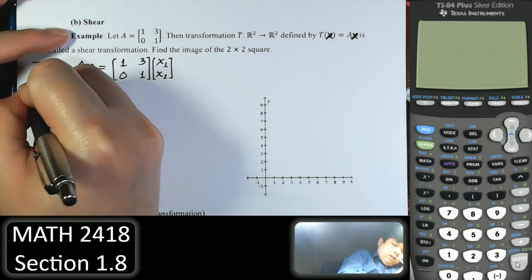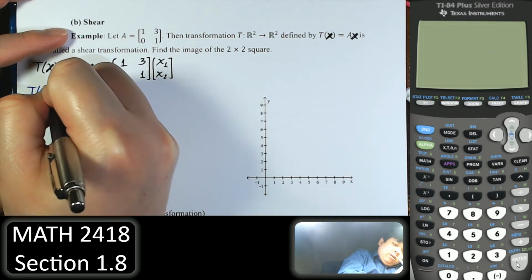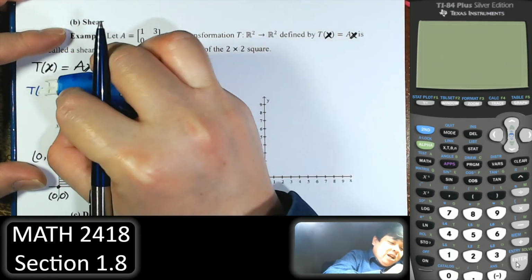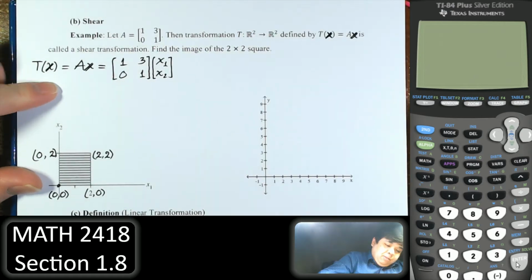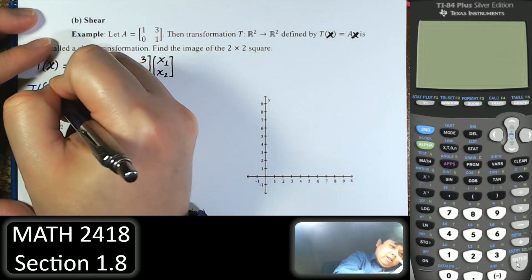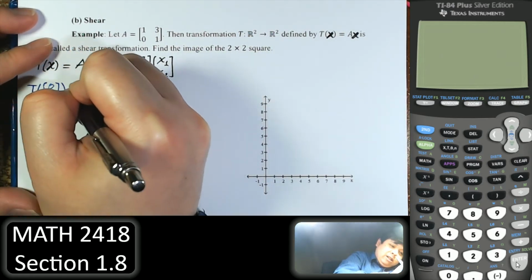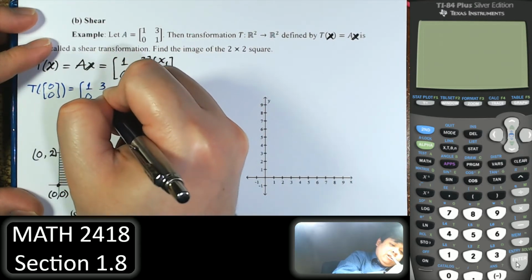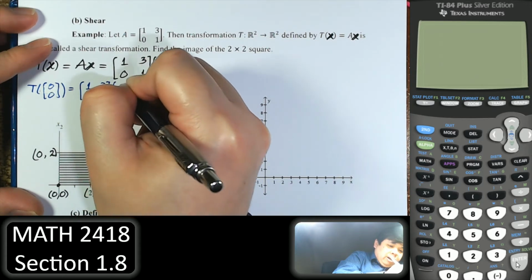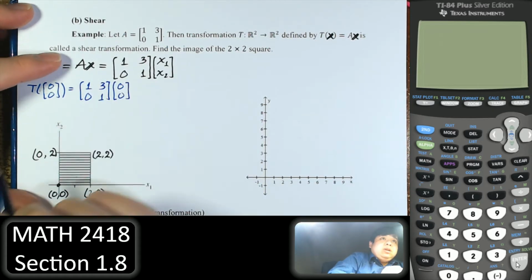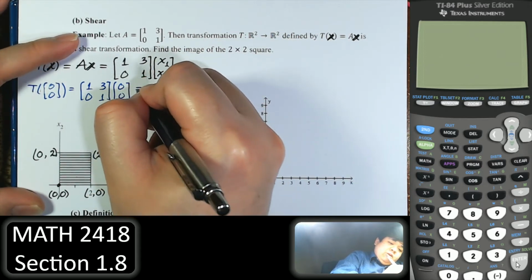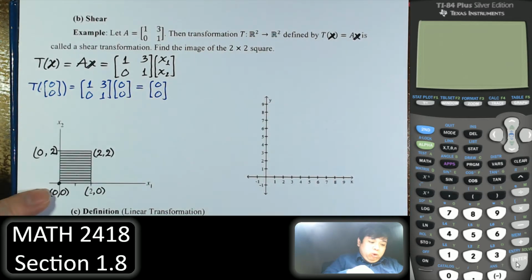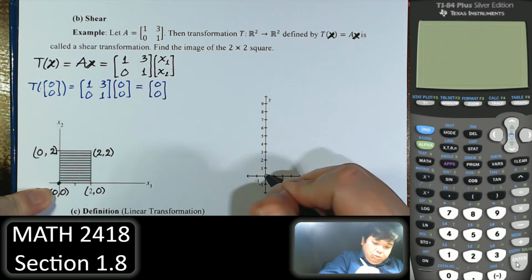In particular, T of 0, 0. Let's put 0, 0 as a vector instead of a point. The matrix times the zero vector is going to be 0, because anything times the 0 vector is 0.